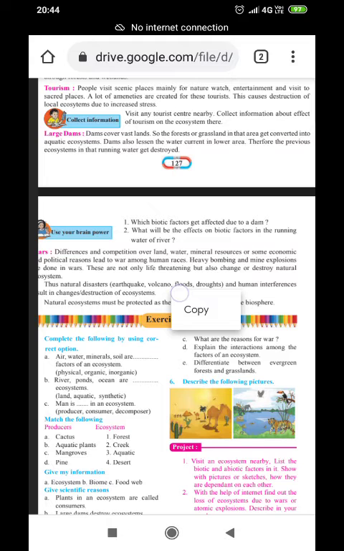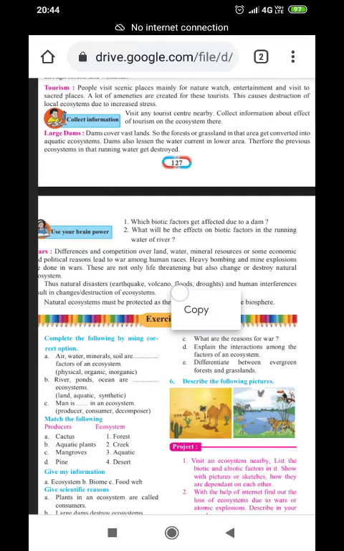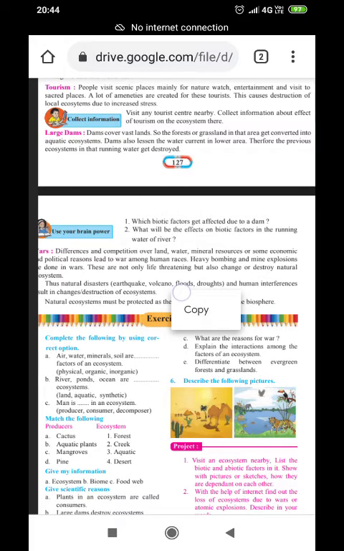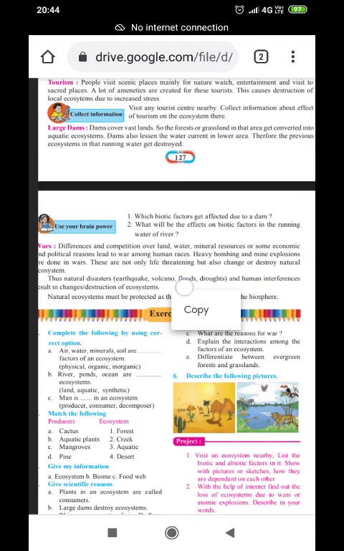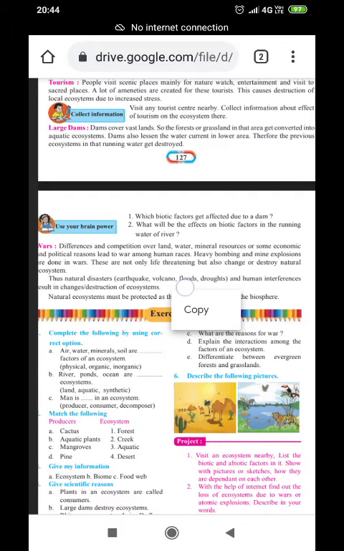What will be the effects on biotic factors in the running water of the river? Now, those places which were occupied by trees, flowers, insects, birds will be occupied by water. And what kind of ecosystem is formed? Very few organisms live inside the water as compared to the land. So definitely there will be a great effect on the biotic factors in the running water of the river.